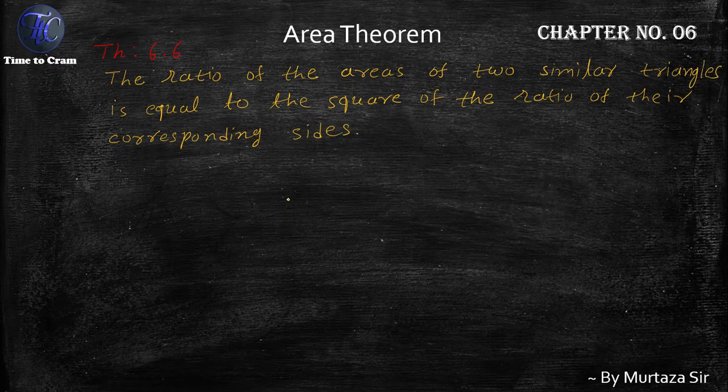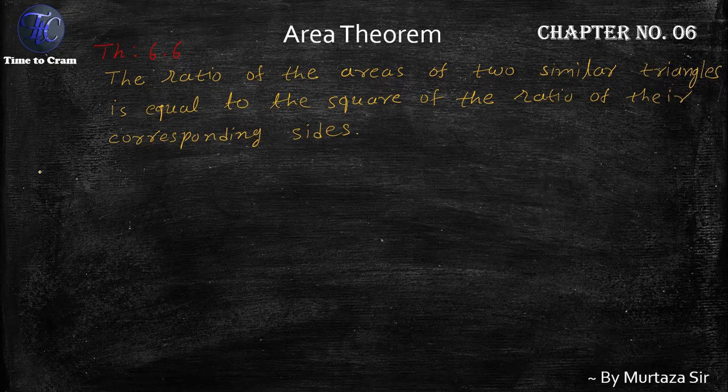So this is the statement of the theorem, students. The ratio of area means we have two similar triangles. If we take the ratio of the areas of these two similar triangles, then the value of this ratio we are getting is the square of the ratio of any corresponding sides.